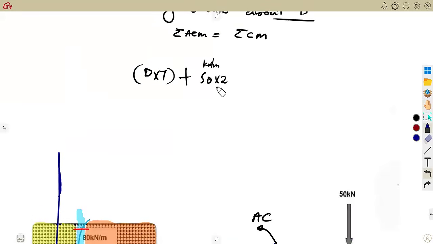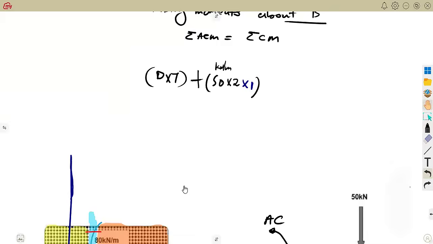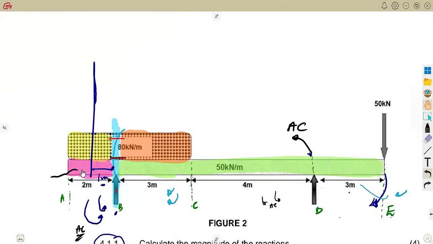So 50 times 2 is to obtain the force, then times 1, the distance back to this point B. This is the one that we are seeing there. All right, so you do the same thing for the 80. You can combine them because those two are covering the same distance, so you can add them, 80 plus this one, then just multiply. Or you can just work them separately.